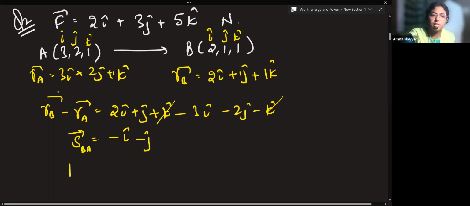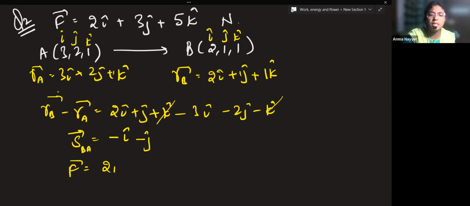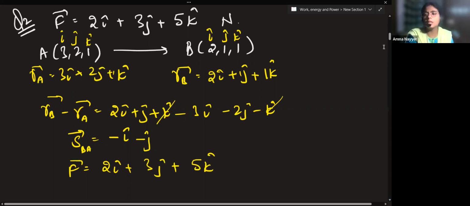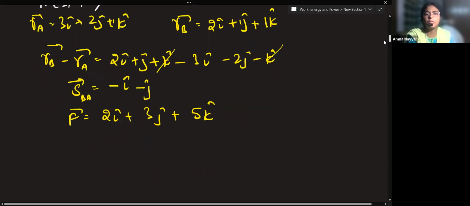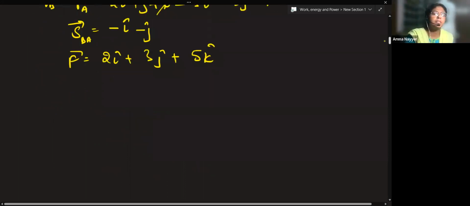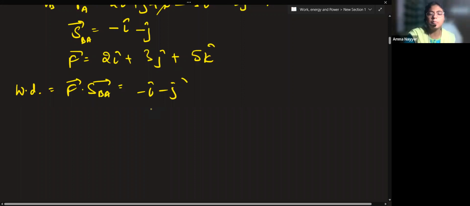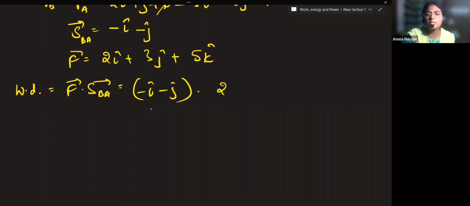So minus I cap minus J cap is only left. This is now the displacement, S BA you can write. And force is given as 2I cap plus 3J cap plus 5K cap Newton. So the dot product between these two becomes what? Work done will be F dot S. This is minus I cap minus J cap dot 2I cap plus 3J cap plus 5K cap.